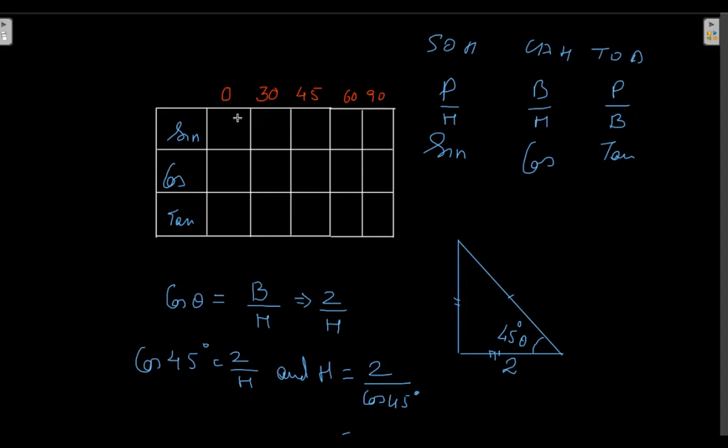Just draw the table like this and write. Let's take a different color. From 0, start writing 0, 1, 2, 3, 4. What you do is just put under root, and then divide this by 2.